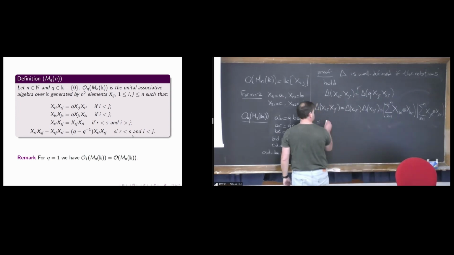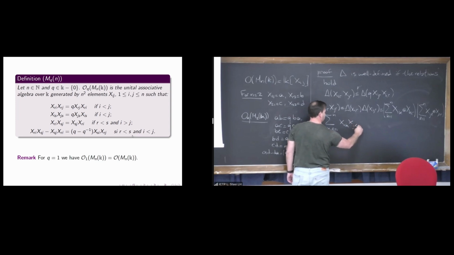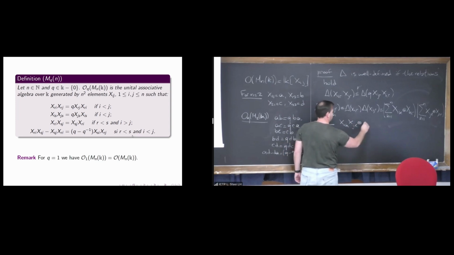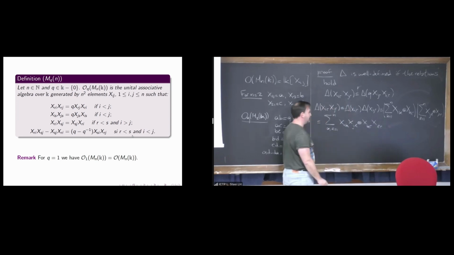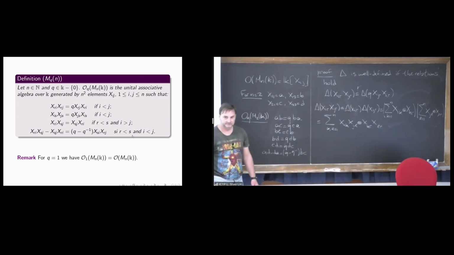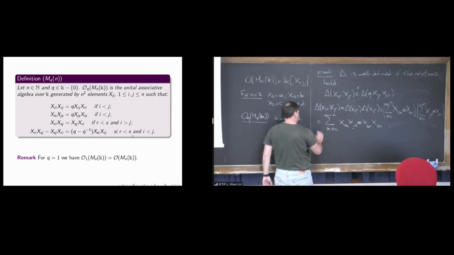So we get a double sum of this one: X_{ik} X_{jl} tensor X_{kr} X_{lr}. That's it. That's one side. Okay? So now we go and compute the second one and try to figure out why they are the same.